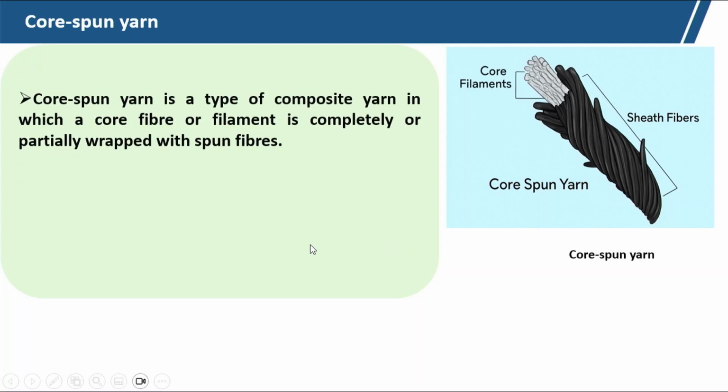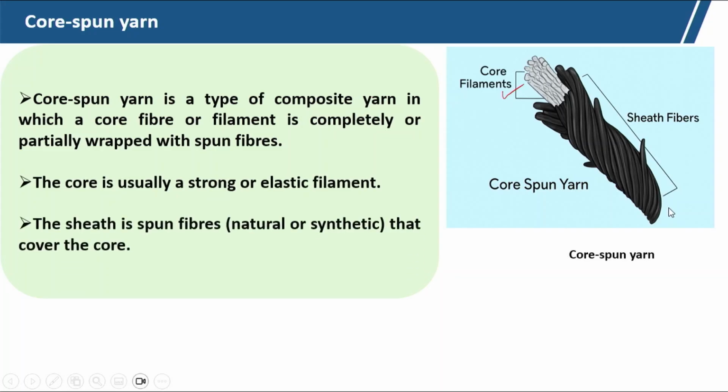Core spun yarn is a type of composite yarn where the core is a filament and the sheath is the staple fiber. Stronger and elastic filaments are used at the core, and in the sheath natural fibers are there.